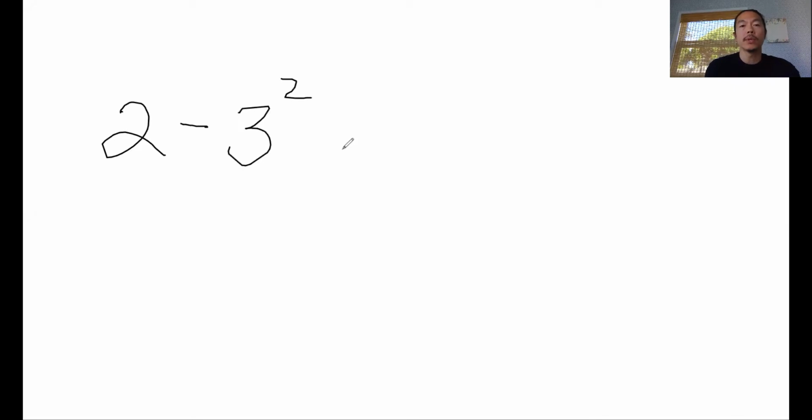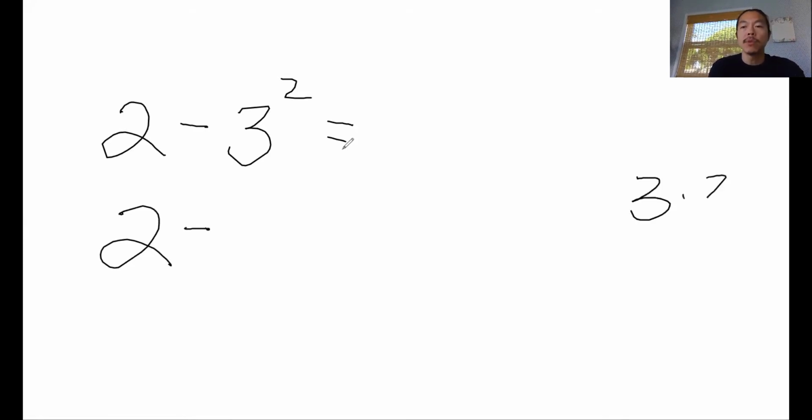So 2 minus 3 squared, the numbers are small, but you have to subtract. So sometimes subtraction can be confusing to students. So you start with 2, can't do nothing with 2, we'll bring it down. Minus, what is 3 squared? Well, 3 squared is 3 times 3. What is 3 times 3? 9. 3 times 3 is 9.